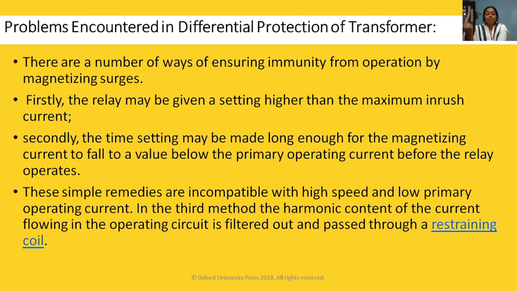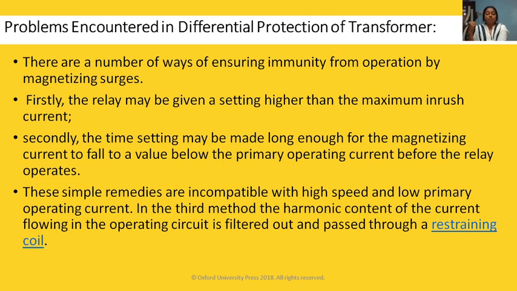In this case the relay may maloperate, because a fault current which is less than the inrush current will not get detected. Second, with settings after the decay time of the magnetizing inrush current, the relay will also maloperate, or it will take more time for internal faults.